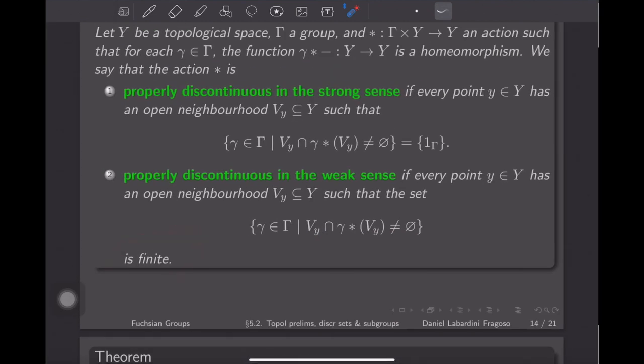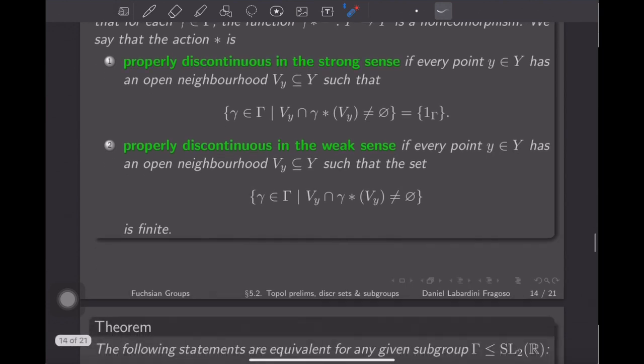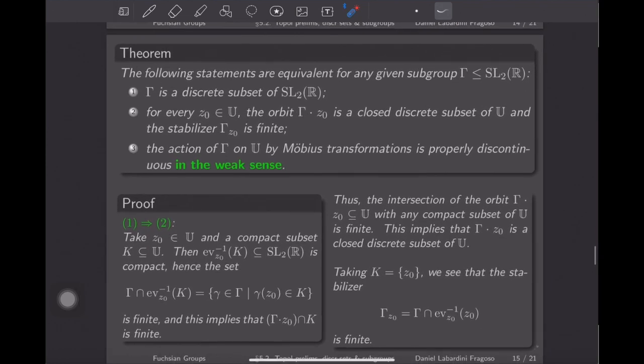Of course, a properly discontinuous action in the strong sense is also properly discontinuous in the weak sense. But we are going to see that there are some actions in the weak sense that are not in the strong sense, and the reason is that gamma may have elliptics. But okay, that's going to be in the future.